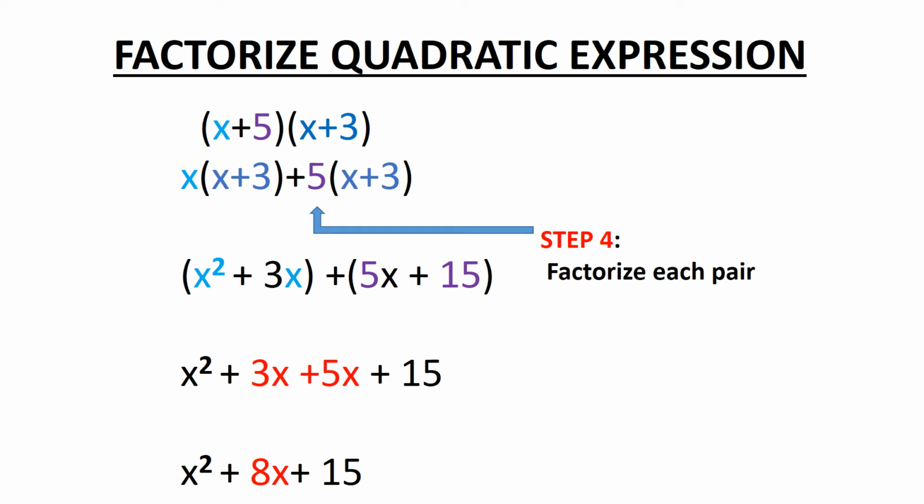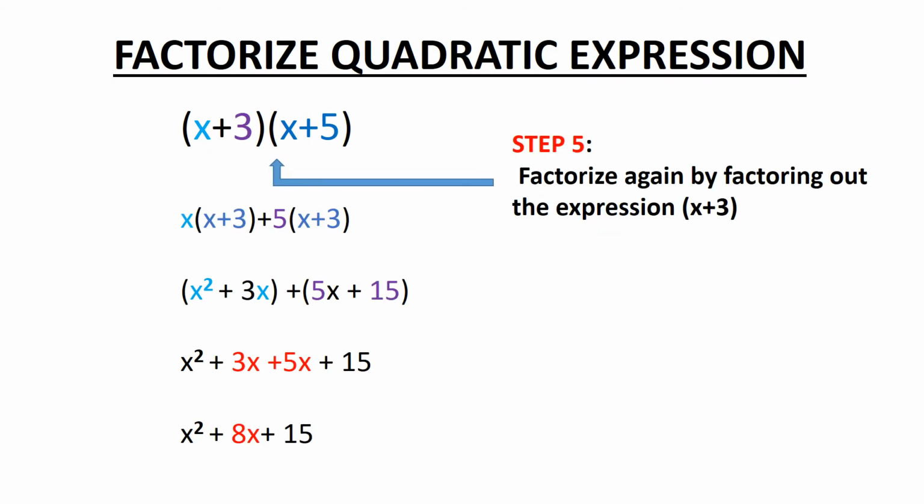Then I divide each of the terms, 5x and 15, by 5. So 5x divided by 5 gives me x. 15 divided by 5 gives me 3. So when I factorize 5x plus 15, my result is 5 open bracket x plus 3.